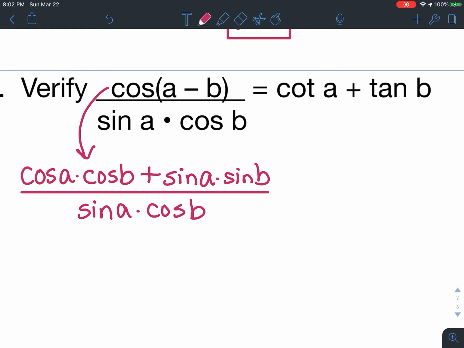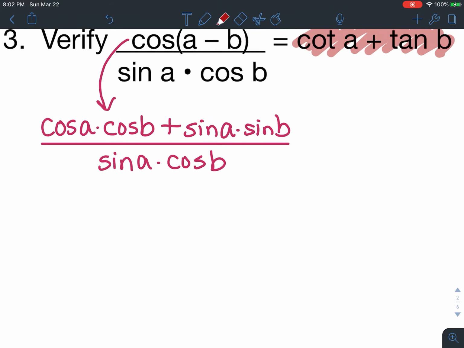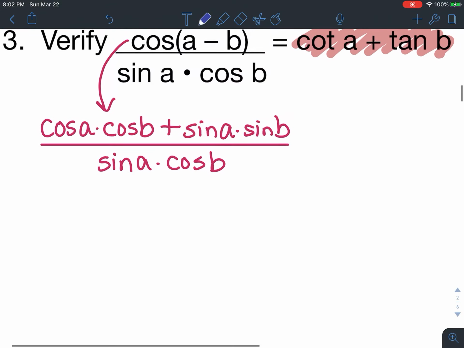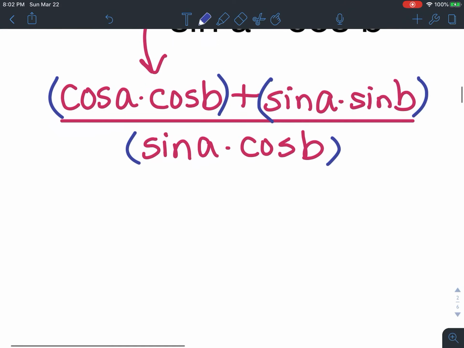Okay, now let's see here. I have two terms on the top. I have a fraction and these multiplied things on the bottom. And over here, I just have two terms. So I'm thinking that I should try to split this up into two fractions. So I'm going to take this denominator and divide the first term by it, and then divide the second term by it, and have two separate fractions.